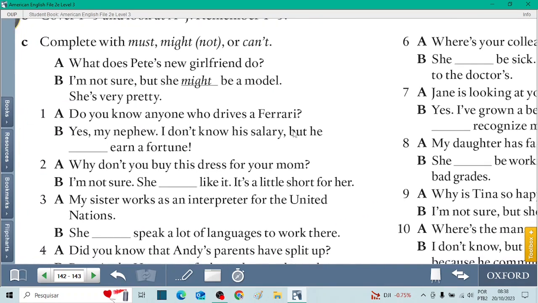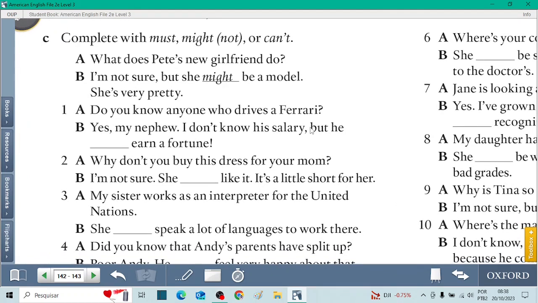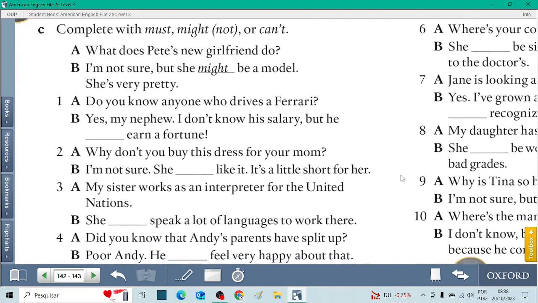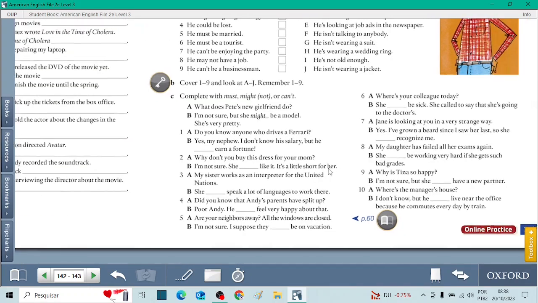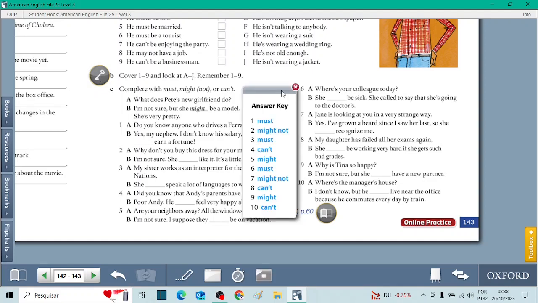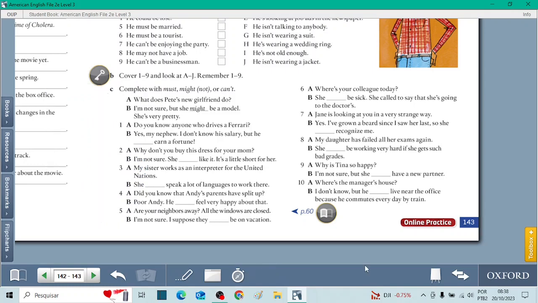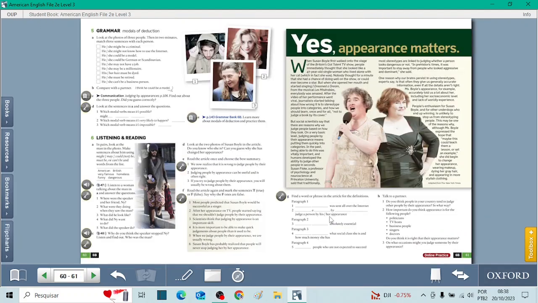In C, complete with must, might not, or can't. Okay, checking your answers. Great. Let me know if you need any extra help, okay?